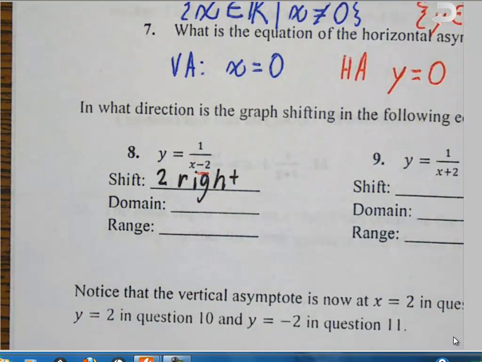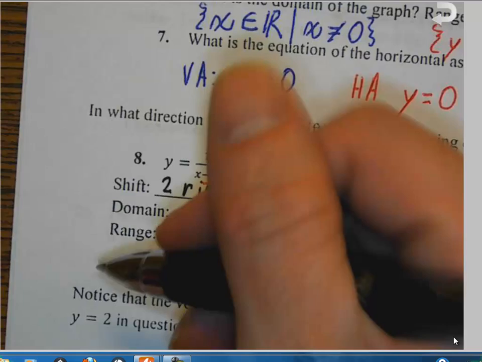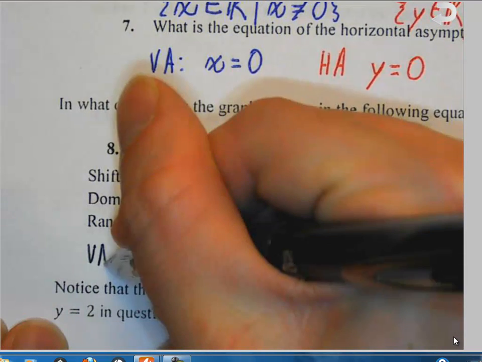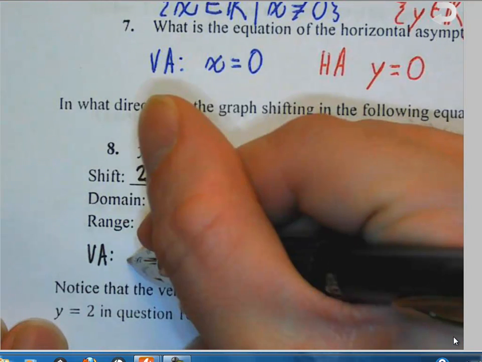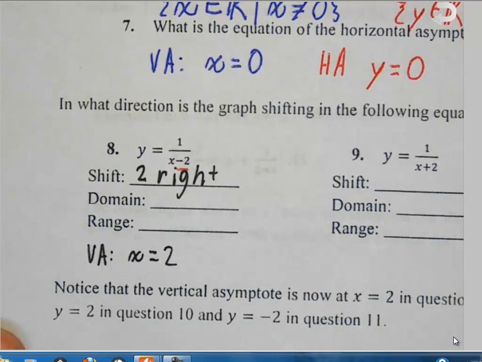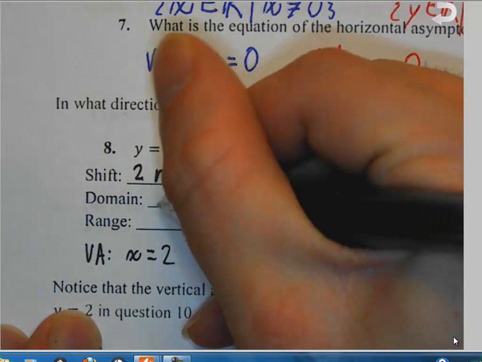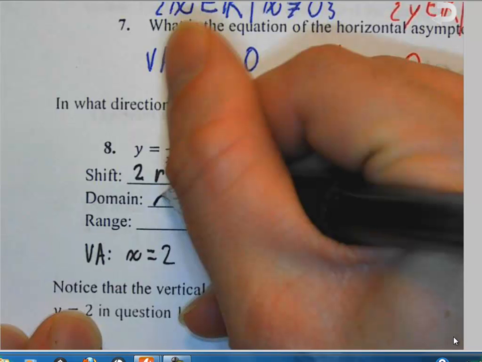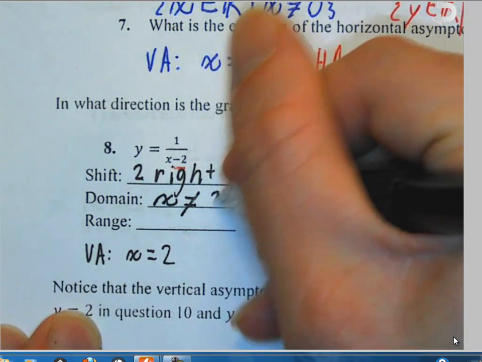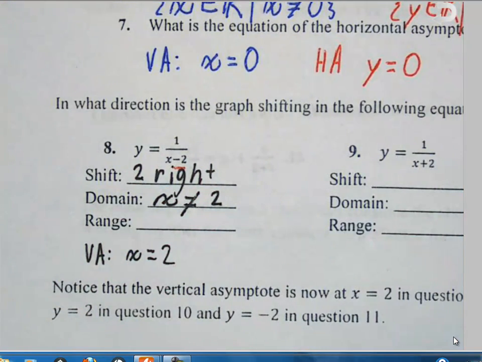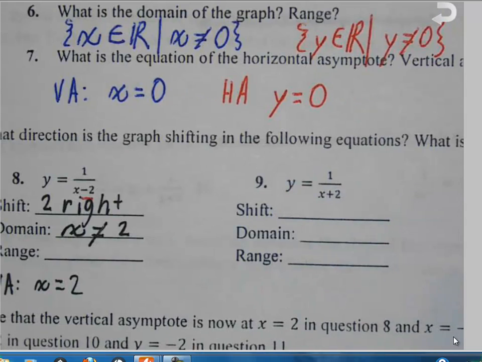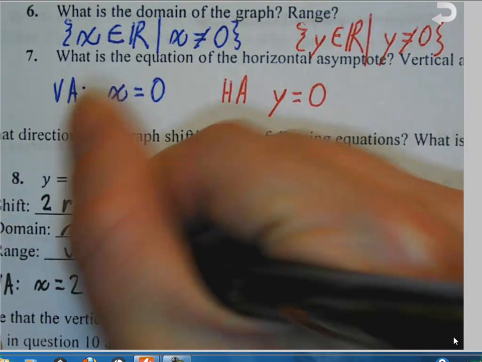Now, that tells you that your vertical asymptote is that x is equal to 2, and where your asymptote is, your domain is not. So you say that your domain is x does not equal 2. Your range has not changed, and so your range is still that y does not equal 0.